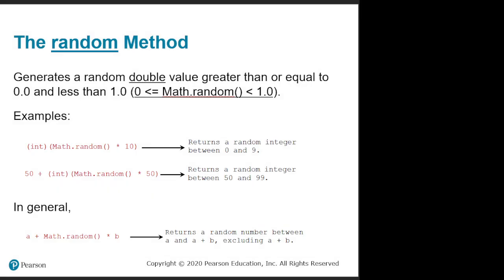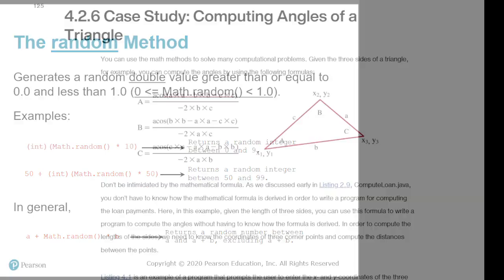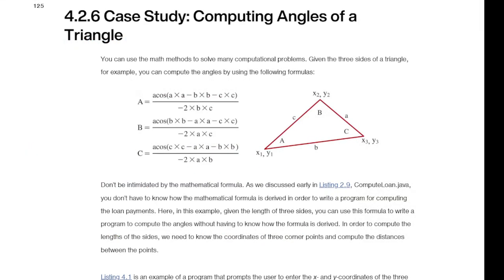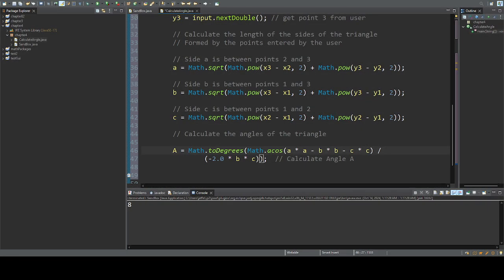So the arc cosine of A times A minus B times B minus C times C over negative 2 times B times C. Notice that the side opposite the angle is the positive part here, and the bottom does not include side A. So we're going to use that to code the next parts. So we have our formula in.